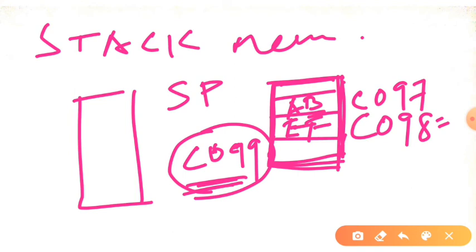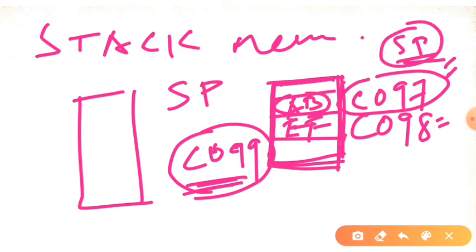Now how to retrieve something from the stack. When we read something, we first read from the stack pointer location, because right now my stack pointer has changed to C097. So this is now my top of stack. If we want to retrieve something, we first retrieve the last stored data in our stack memory, that is AB, and after that we increment the pointer by 1.